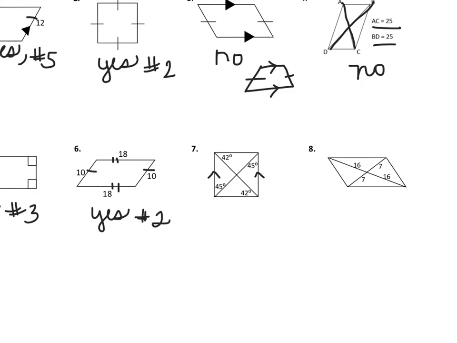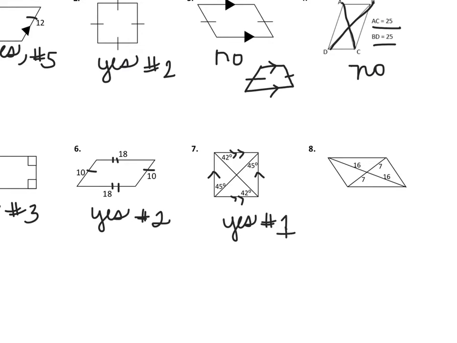And here I also have a 42 and a 42, and these are alternate interior angles, basically 2 lines cut by a transversal. So that makes those opposite sides parallel. And this is the definition of a parallelogram, so yes, it's definitely a parallelogram, and that's our first rule.